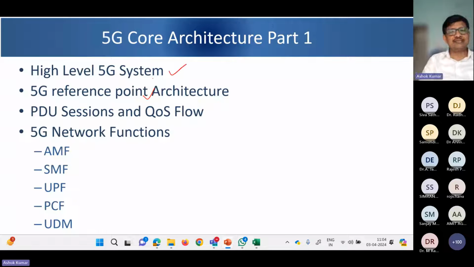high level 5G system, and then I'll talk about 5G reference point architecture. Then what is PDU session and QoS flow. And then the key network functions of 5G, that is access and mobility function, session management function, user plane function, policy control function, and unified data management.